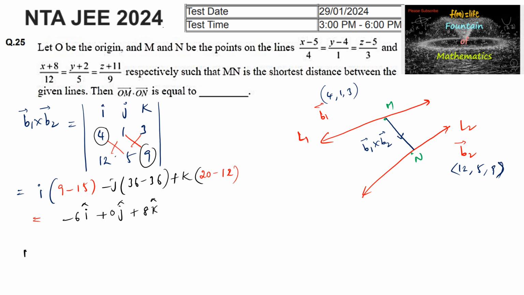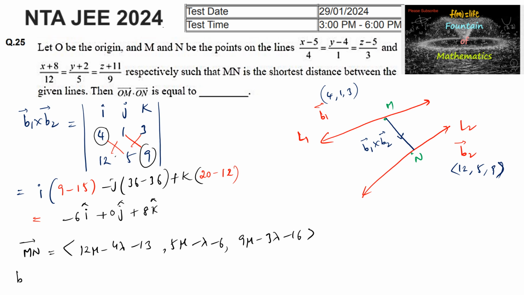And we have the direction ratios of MN: 12 mu − 4 lambda − 13, 5 mu − lambda − 6, 9 mu − 3 lambda − 16.